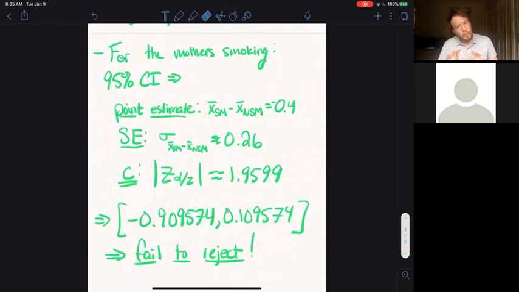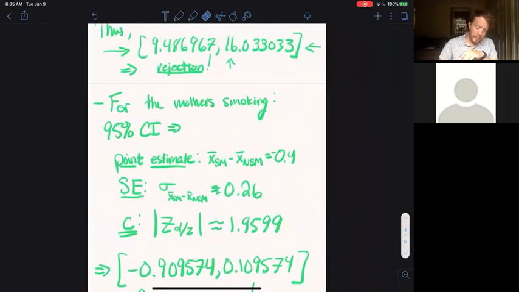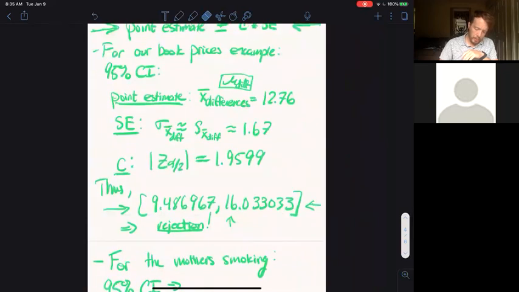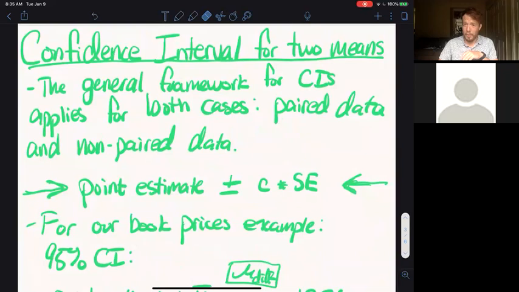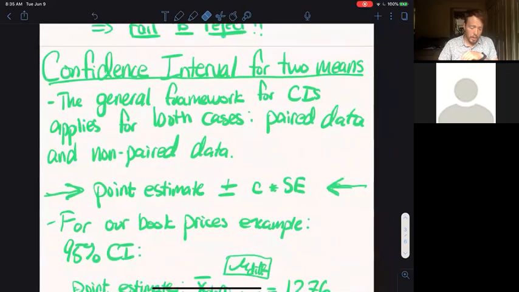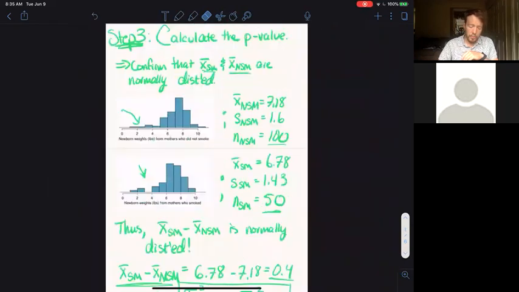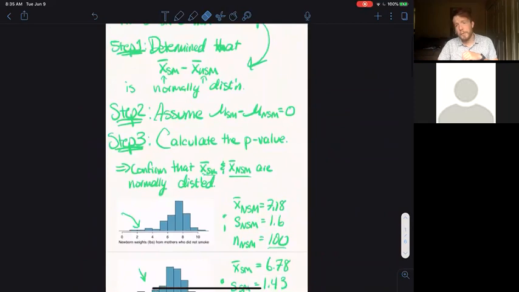There are some little new things that change, but it's mostly just applying the things that we've already done. And it's definitely in the same framework, right? This right here with the arrows is the framework of a confidence interval. We always have a point estimate, and we plus or minus critical value times the standard error. And these 4 steps that I went through to do this hypothesis test are the same 4 steps we had always done. So same framework, a little bit new way of looking at it.